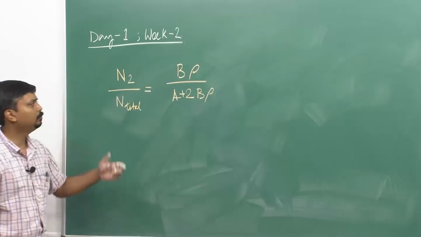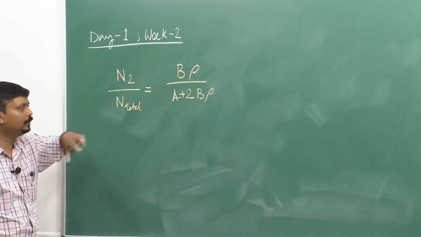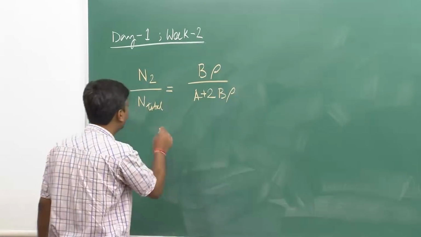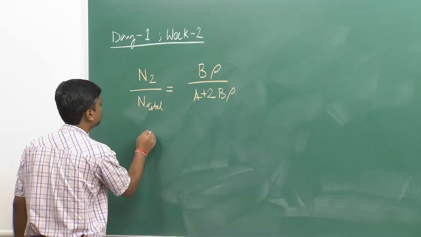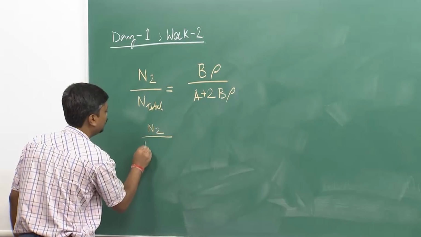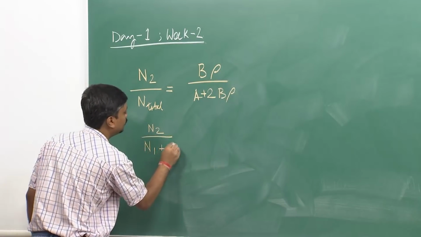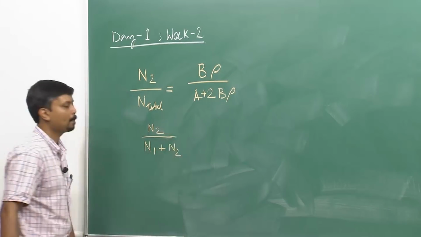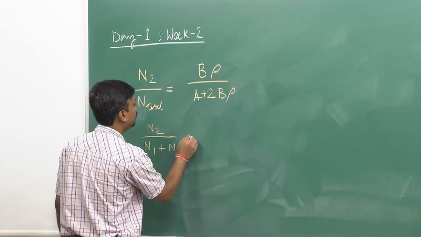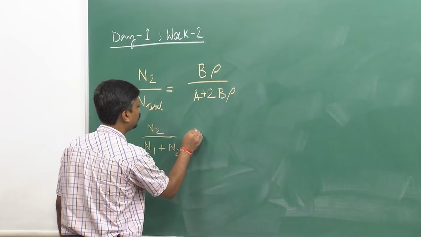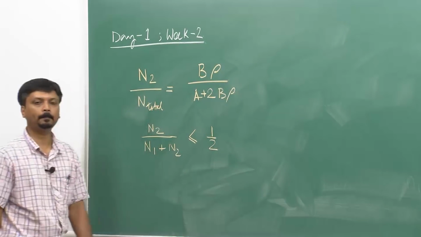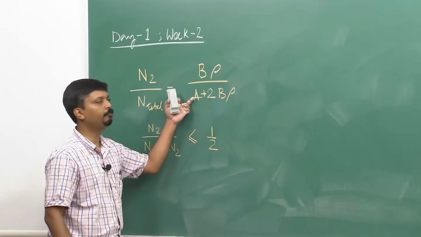Now, when A is very small, it comes to something like, on the other hand, say if I write n1 plus n2, it will become approximately, when A is very small, right.